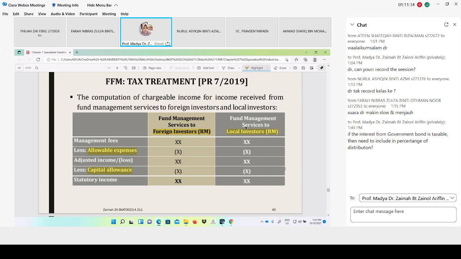It is a similar concept to company taxation, where gross income, these are management fees, is considered business income, minus allowable expenses to get adjusted income, and minus capital allowance to get statutory income. And you do this for both foreign and local investors.